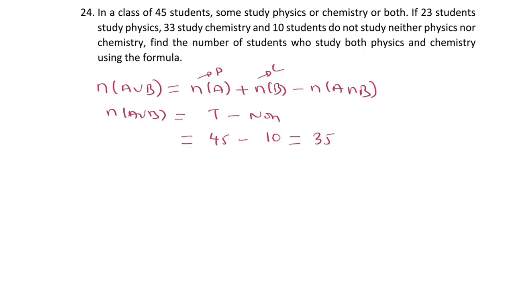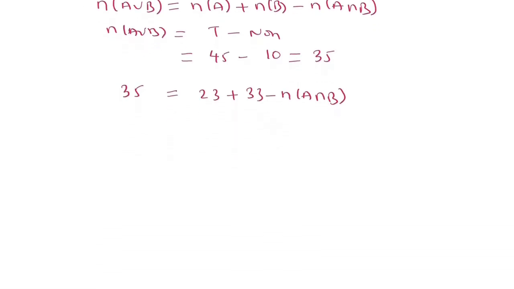Okay, so next, let us substitute this value into our formula. Then we are going to have 35 equals 23 plus 33 minus number of A intersection B. Okay, so next, let us collect the constant terms.